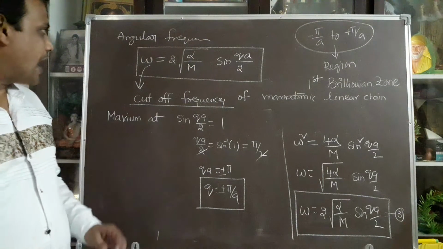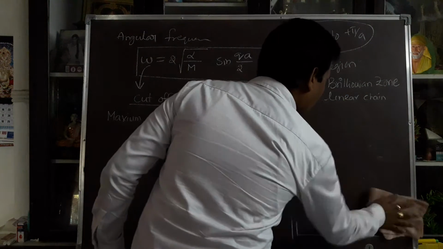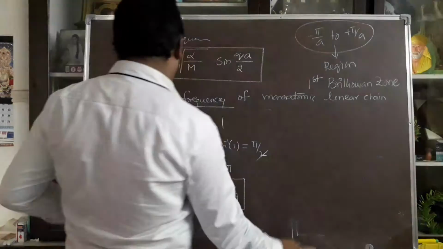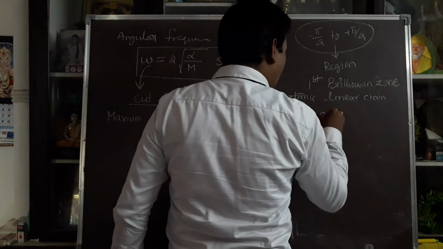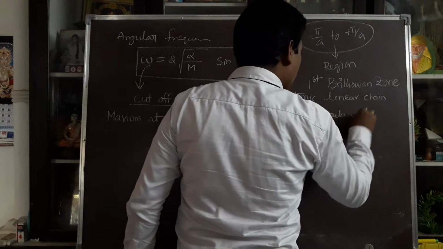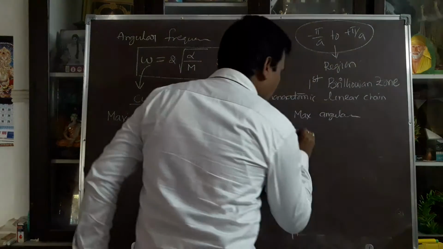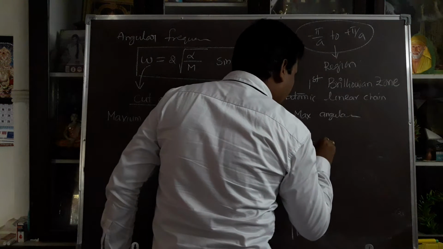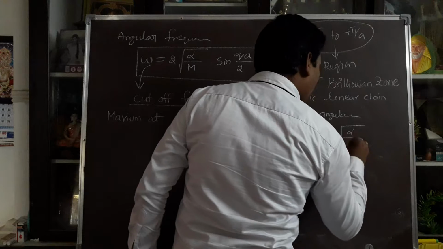So according to the data, what is the cutoff frequency or maximum angular frequency? The maximum angular frequency is when sine of qa by 2 is equal to 1. So omega maximum is equal to 2 into square root of alpha by m.